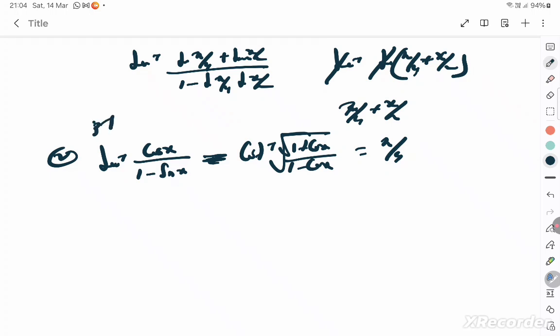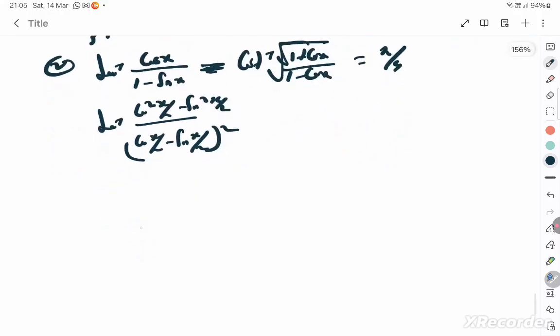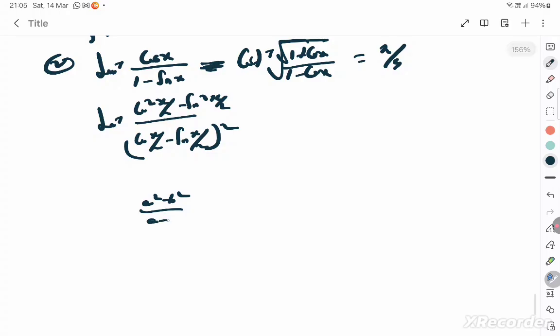So prove that sum. The moment I see 1 minus sin x, it's cos x by 2 minus sin x by 2 the whole square. Therefore, I'll write cos x as cos square x by 2 minus sin square x by 2, which is like a square minus b square by a minus b the whole square, which is a plus b into a minus b by a minus b the whole square.